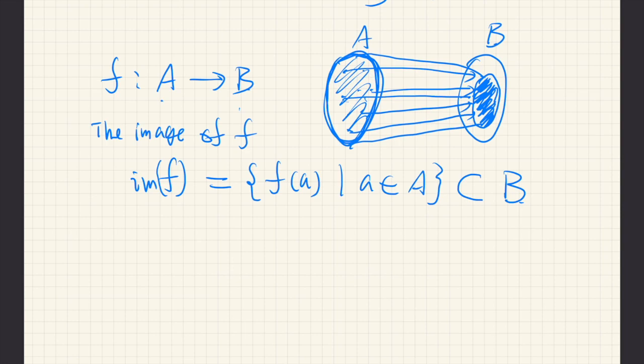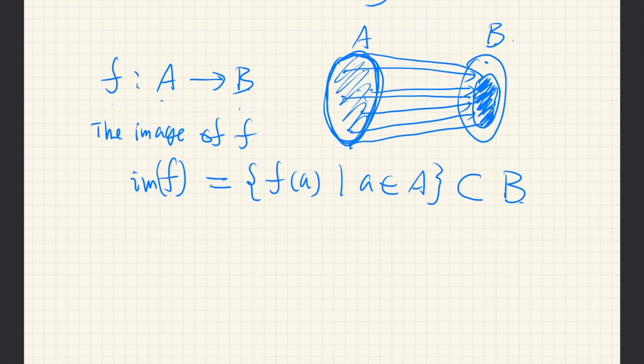By the definition of a map, we do not say that every element of B must have a corresponding element in A. That's not a part of the definition of a map.